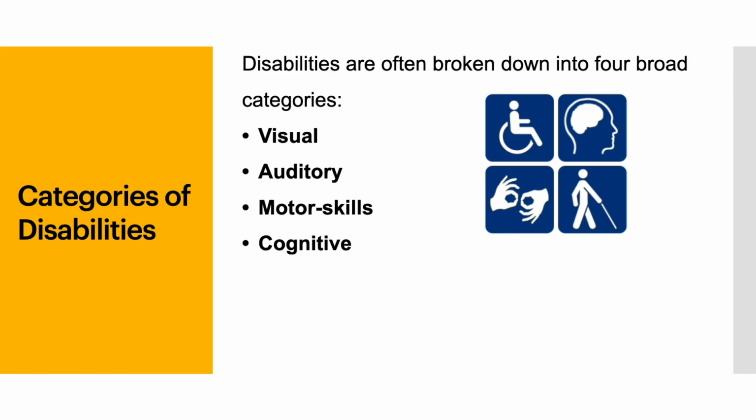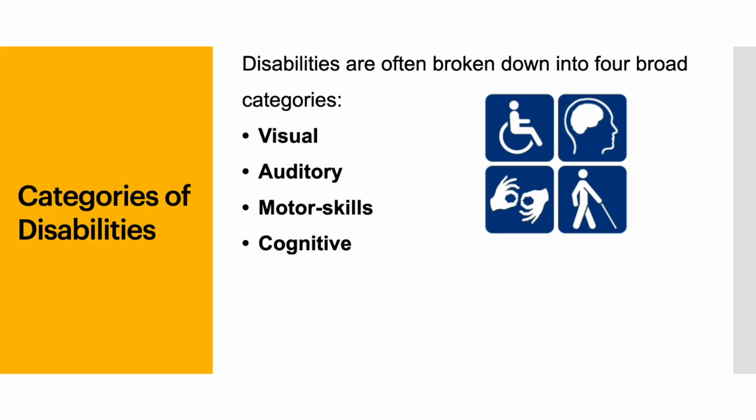Accessible design includes proper color contrast, alternative text for images, and resizable text. For auditory disabilities, users who are deaf or hard of hearing require captions or transcripts for multimedia content. And providing closed captions, sign language interpretation, and text-based alternatives ensures accessibility for people with auditory disabilities.